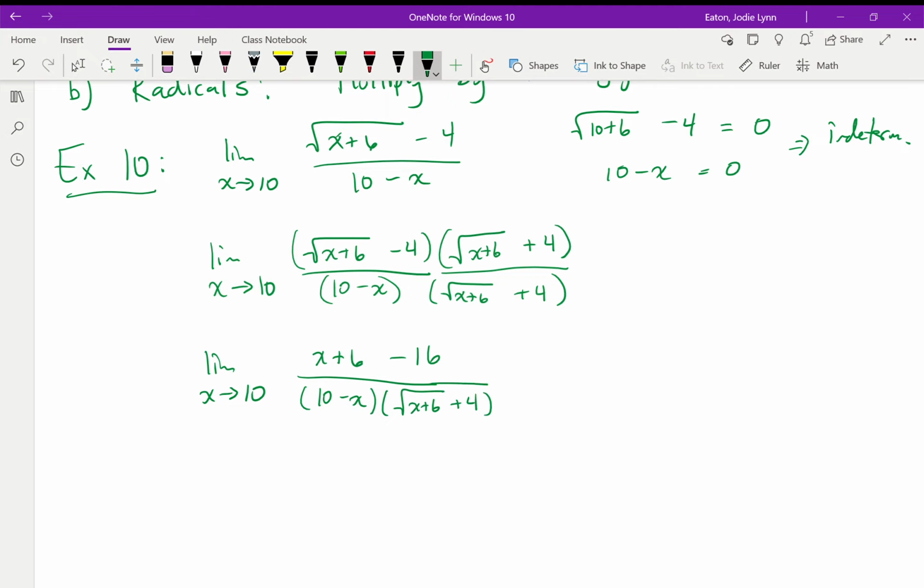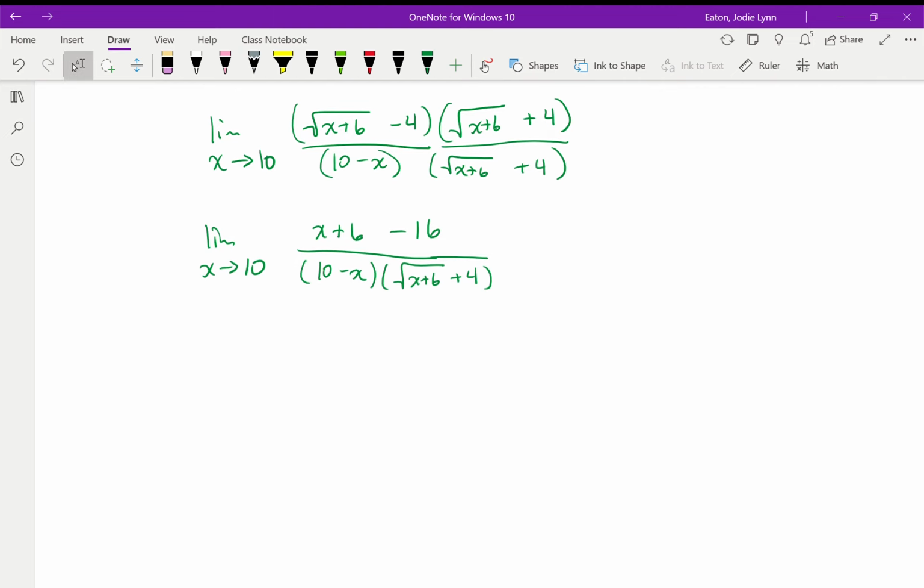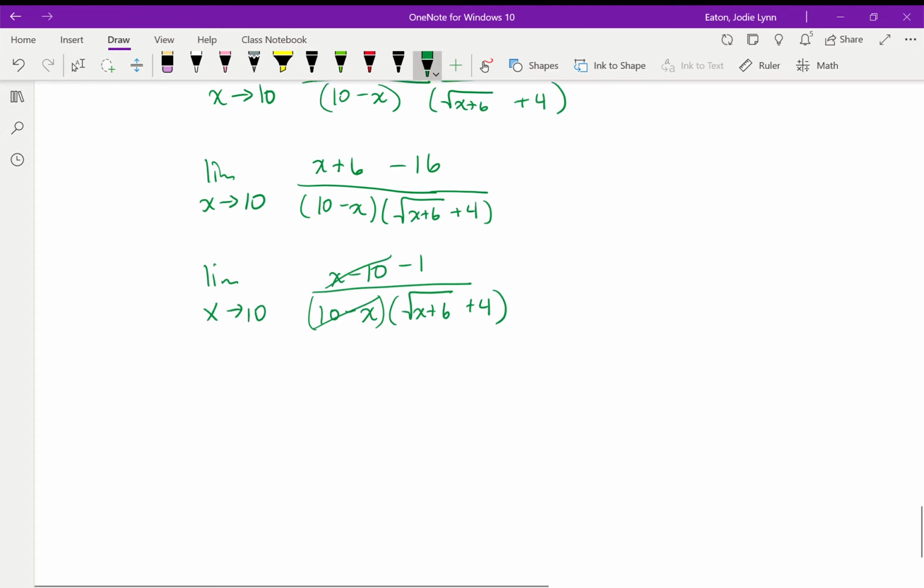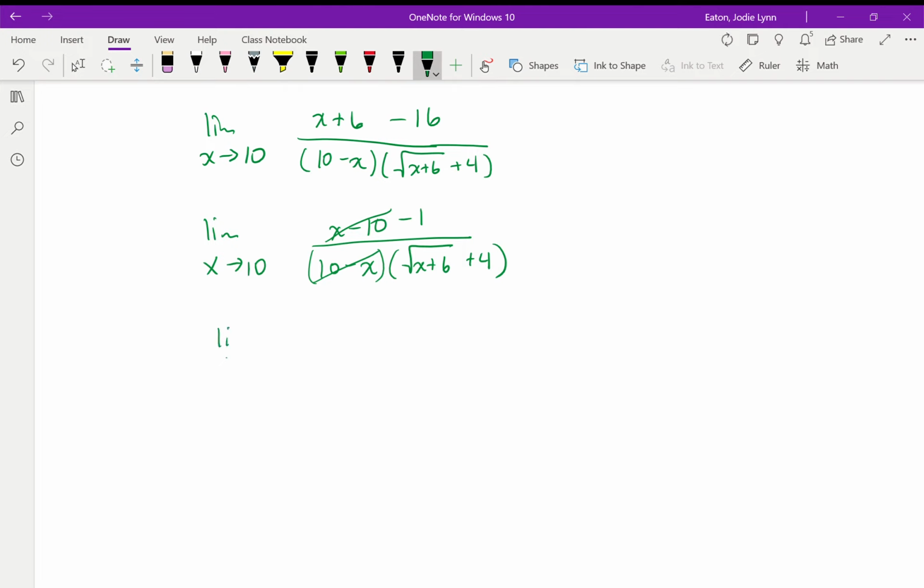Again, we don't need to expand the denominator because we're going to be plugging in 10 if we can get this to cancel. So we have the limit as x approaches 10 of x minus 10 over 10 minus x times radical x plus 6 plus 4. So we can cancel this. It leaves behind a -1.